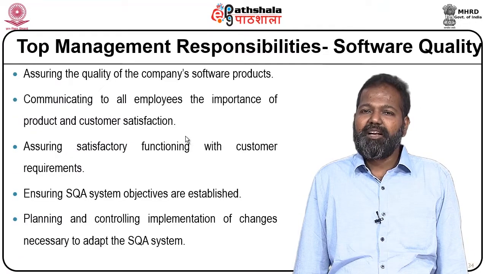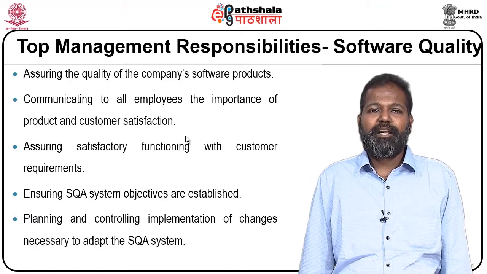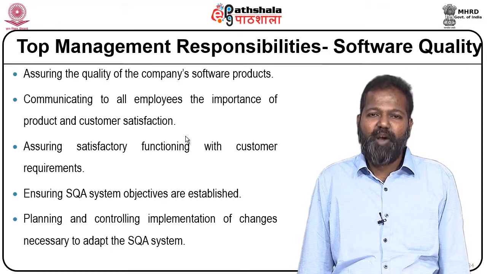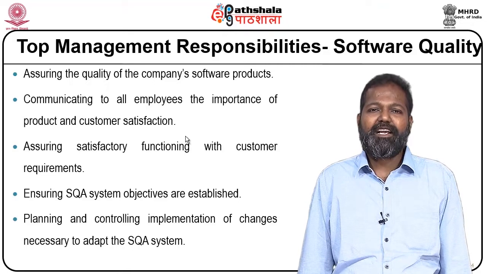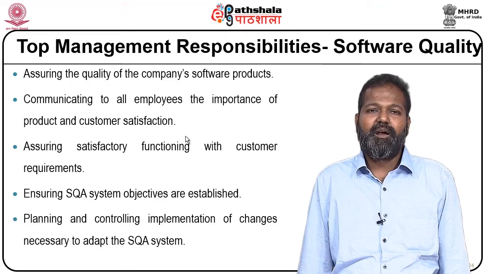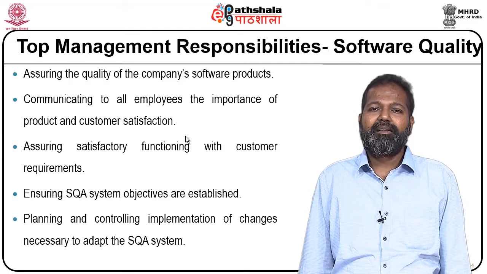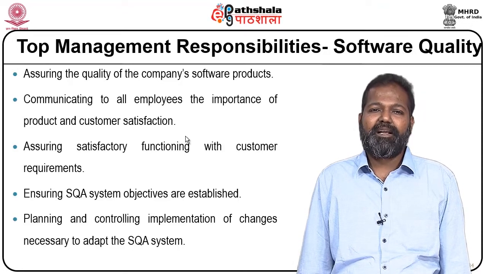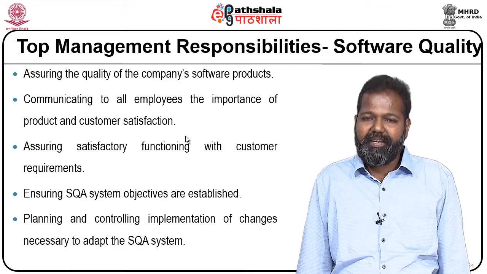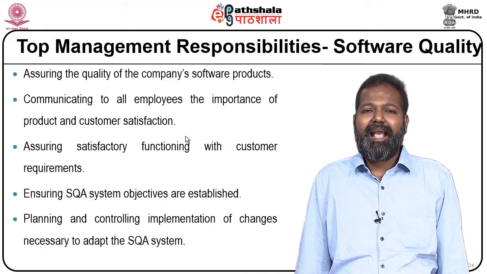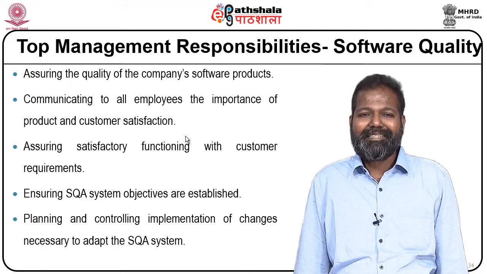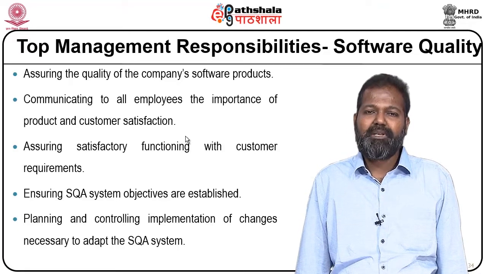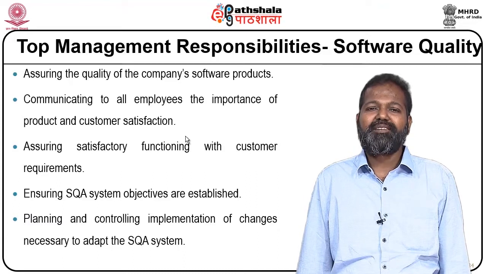Top management responsibilities: assuring the quality of the company's software products, communicating to all employees the importance of product and customer satisfaction, assuring satisfactory functioning with customer requirements, ensuring software quality assurance system objectives are established, planning and controlling implementation of changes necessary to adapt the software quality assurance system.